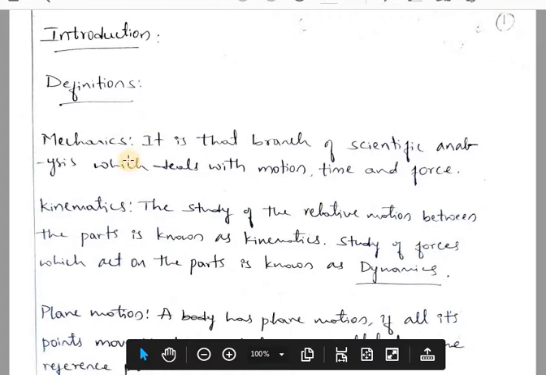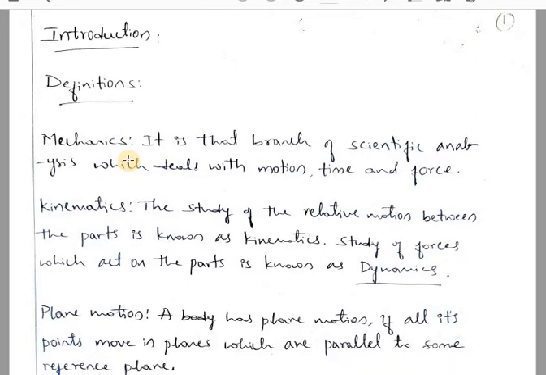And mechanism is that branch of scientific analysis which deals with motion, time and force. It can also be taken in the way that when one of the links of a kinematic chain is fixed, that is also called a mechanism.